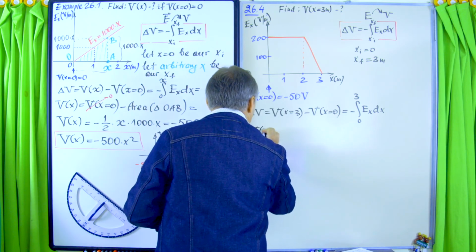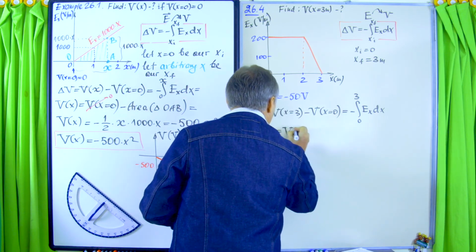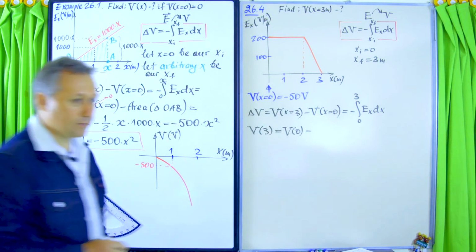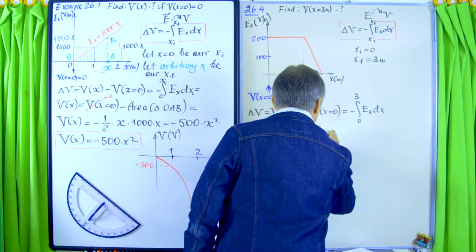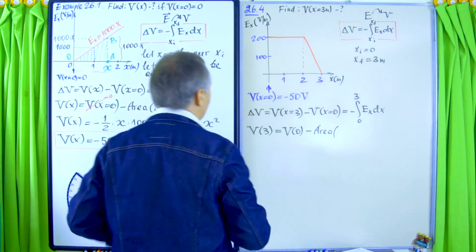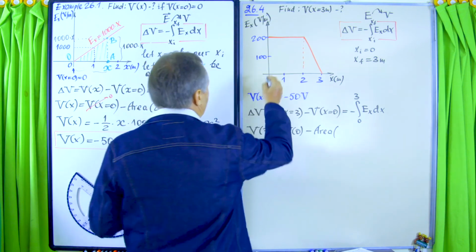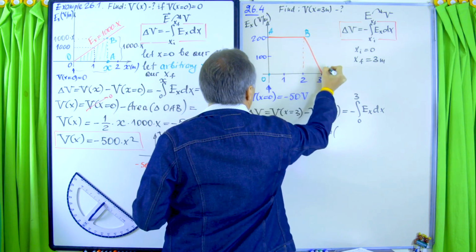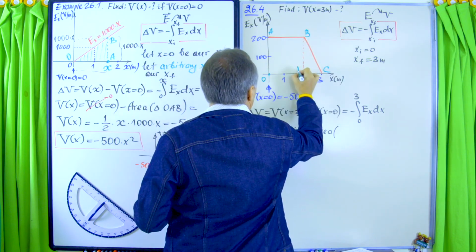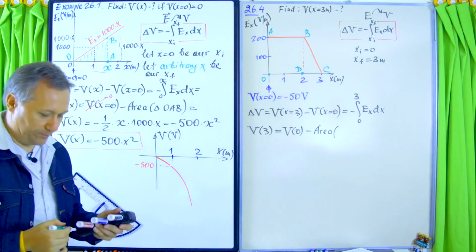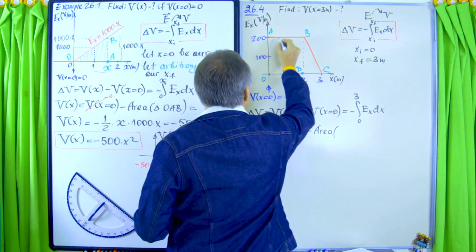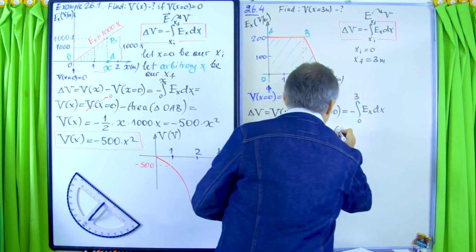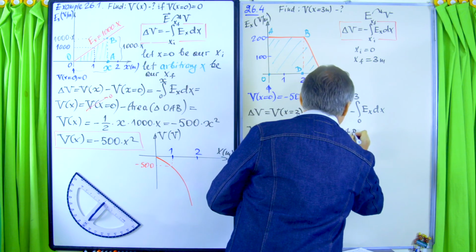So V at 3 equals V at 0 minus, of course, the area under the plot. Okay, let me label, for example, this point O, A, B, C, and also let me label this point D. So of course now we need to find the area of the whole structure, so area of OABC.